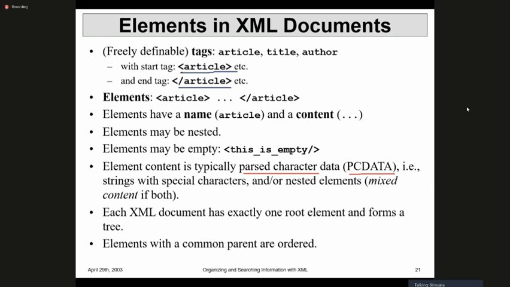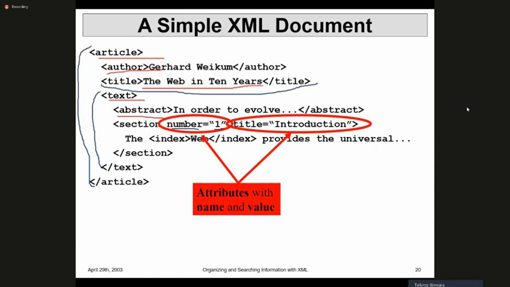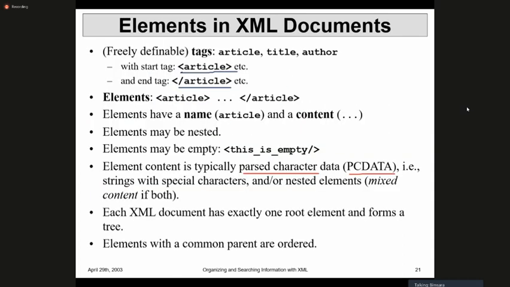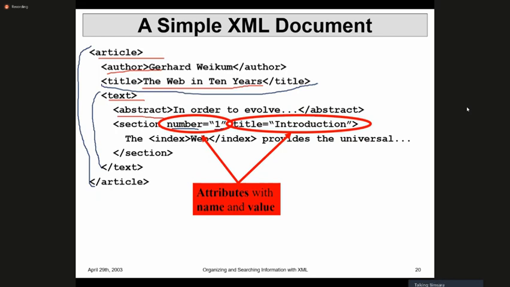Each XML document has exactly one root element and forms a tree, right? So what it says is each XML document has exactly one root element. So what is the root element of this XML document, right?